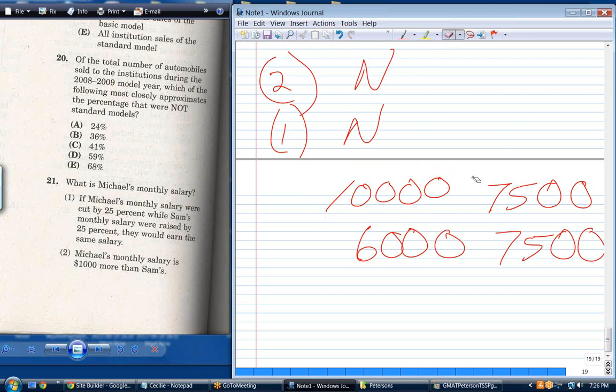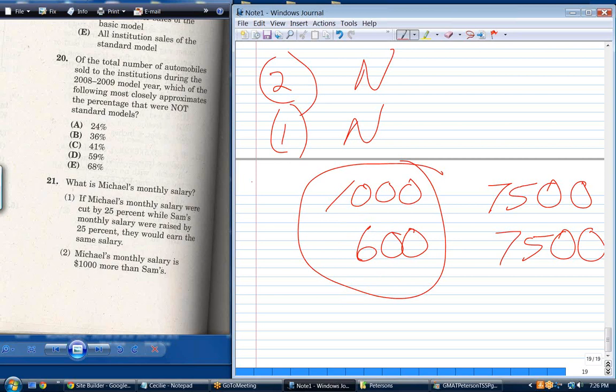But now that's helpful to know. If Michael's salary is $1,000, then this is the only solution that works. No, because it says Michael's monthly salary is $1,000 more. Excuse me, you're right. So I know I have to have this ratio. I think it still works because this difference is 400, and they're saying it has to be 1,000.